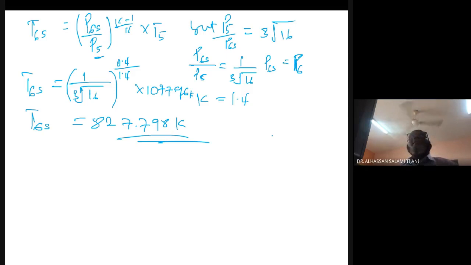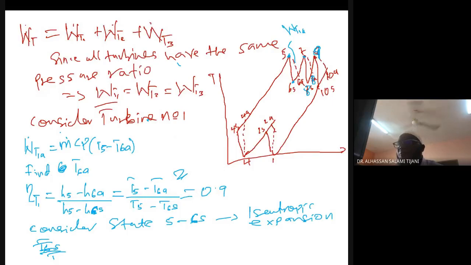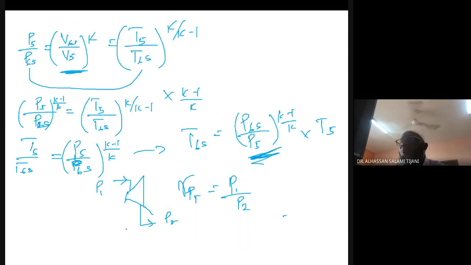This is the temperature at the isentropic section, state 6S. Now from here we can use this temperature to determine T6A. Watch out carefully, we are interested in T6A. We know T6S already, and T5 is also known already.